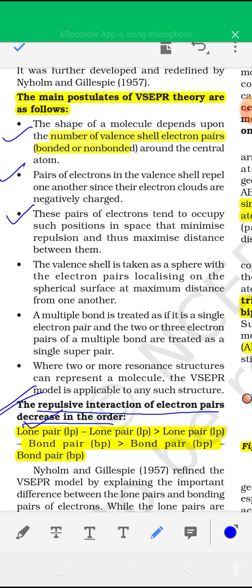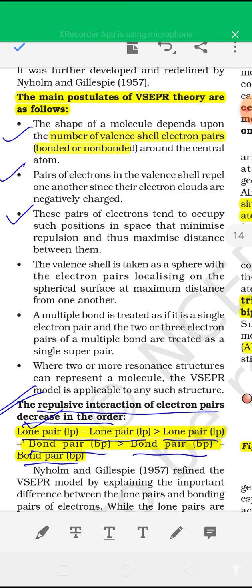In a covalent molecule, if lone pairs and bond pairs are all there, then due to this repulsion the shape of molecules changes.